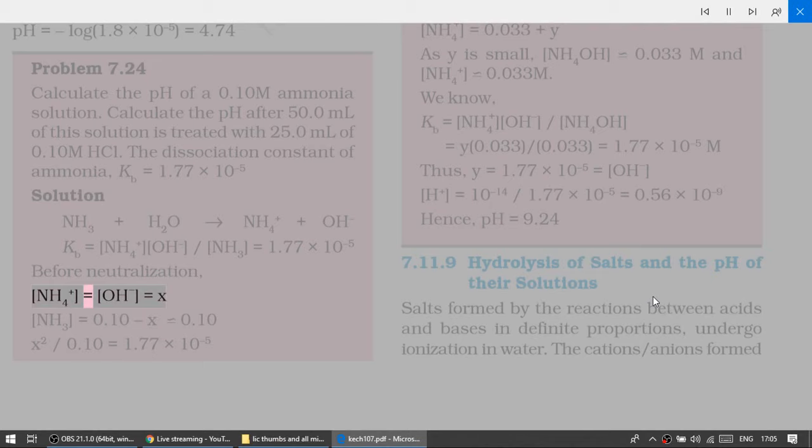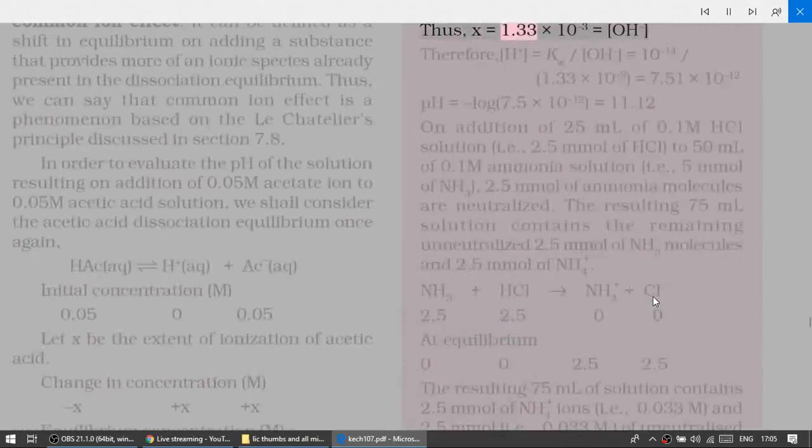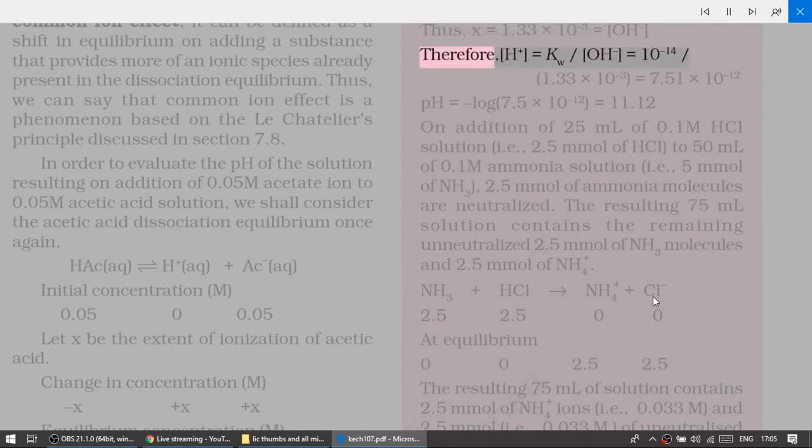[NH4+] = [OH-] = x, [NH3] = 0.10 - x ≈ 0.10. So x²/0.10 = 1.77 × 10^-5. Thus, x = 1.33 × 10^-3 = [OH-].